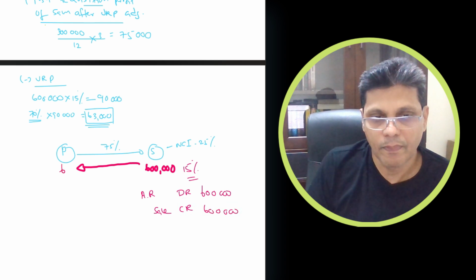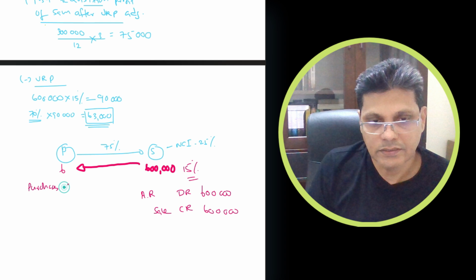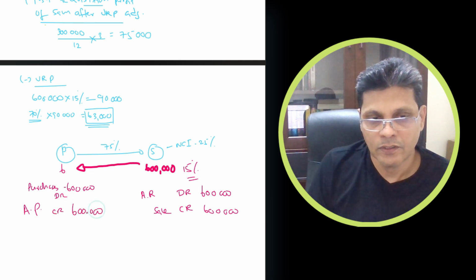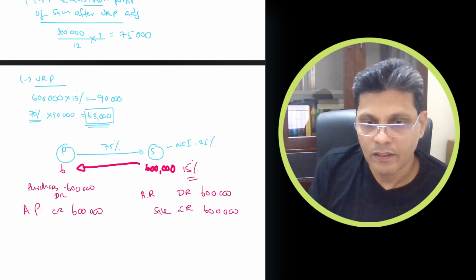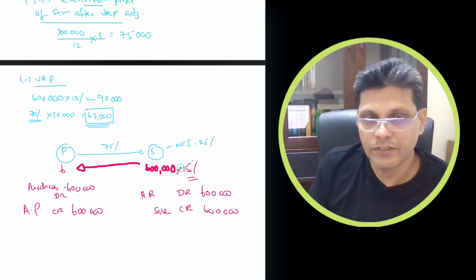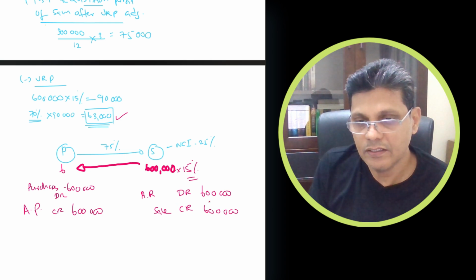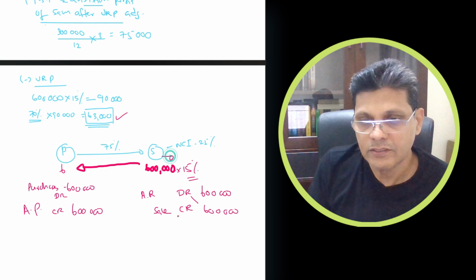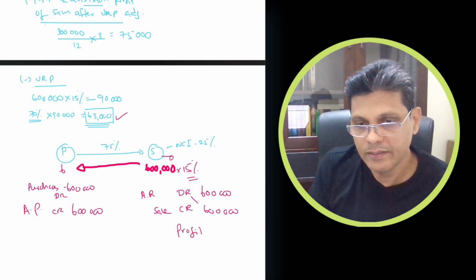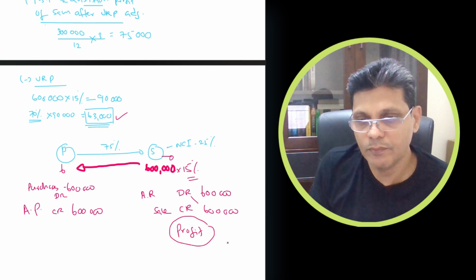In P's book, this would have been recorded as purchases 600,000 debit and accounts payable credit 600,000. So now we need to eliminate the unrealized profit of 63,000. Because the sale was made by S, the profit is recognized in S's books.